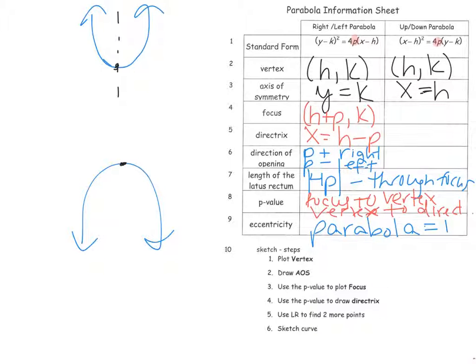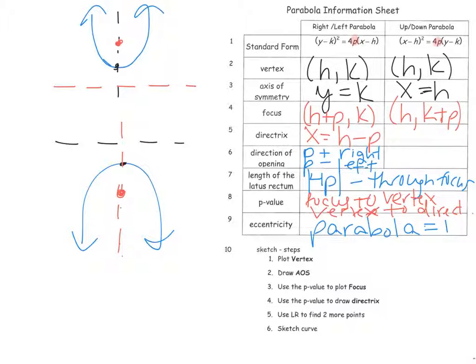Now, this focus is going to be on the inside, so it's either going to be above the vertex, or it might happen below the vertex like that. So this time you're going to be keeping the h, and the k is what is either going to be increased or decreased by the p. It's much easier to draw this out, I assure you. The directrix is going to run under or above like that.